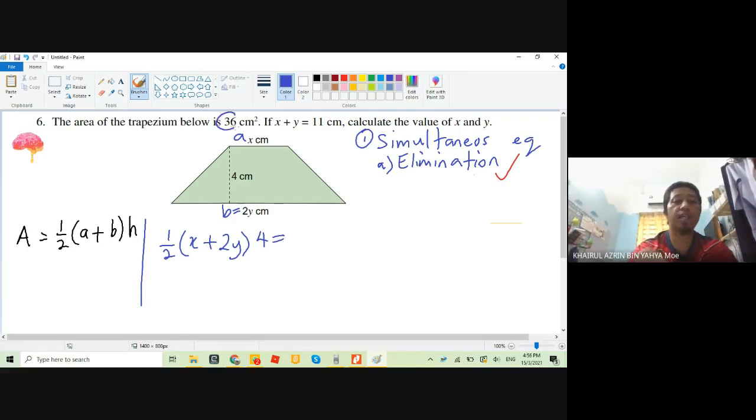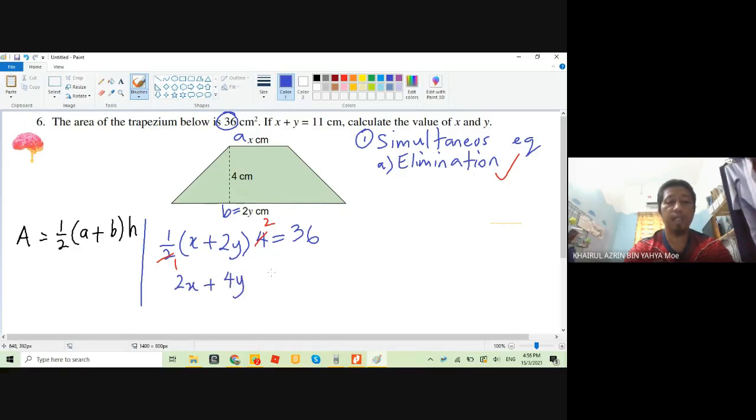The area here is 36. So we write 36. And then this one we can simplify: 1/2 and 4. 2 divided by 2 is 1, 4 divided by 2 is 2. Then 2 times x is 2x plus 2 times 2 is 4y, equal to 36.